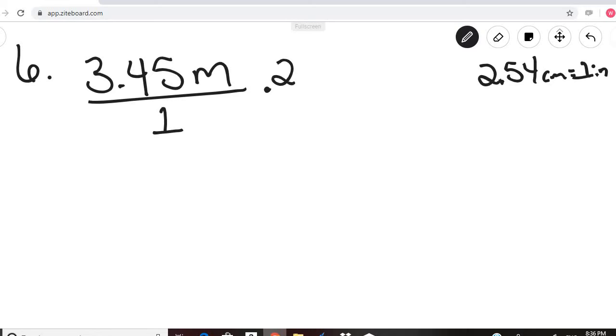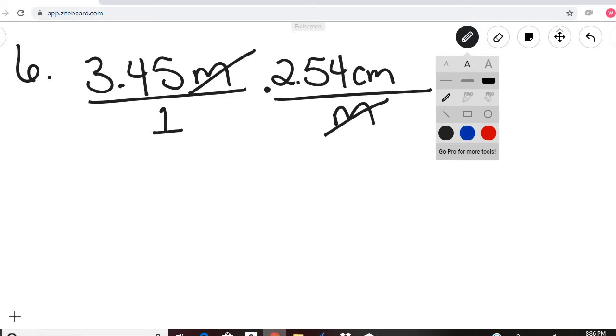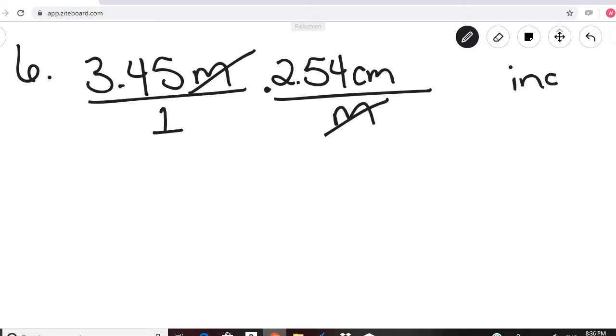Okay, so there are 2.54 centimeters per meter. Okay, so the meters are going to cancel. And now we want to end up with inches, so we'll put the inches on top. And we'll put centimeters on the bottom because we want them to cancel.